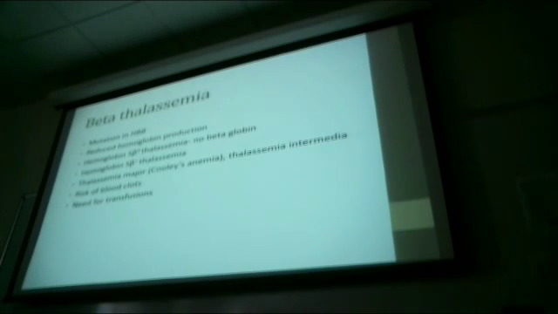There is no way to predict disease severity with either of them though. Just because you have some, just having the beta plus, doesn't mean that you're going to have less severe disease. Apparently there are other things that go into this.